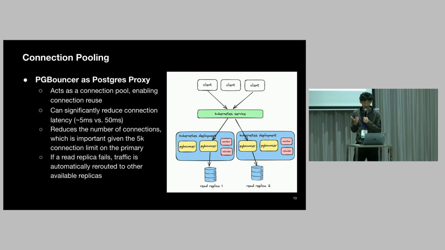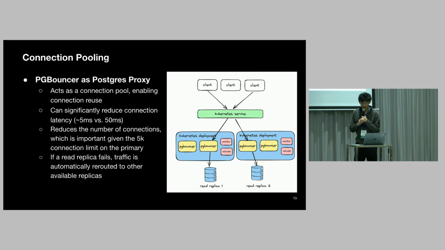It can significantly reduce the connection latency. We ran some benchmarks on that. Before using PgBouncer, it took 50 milliseconds to create a new connection. After PgBouncer, it takes 5 milliseconds.